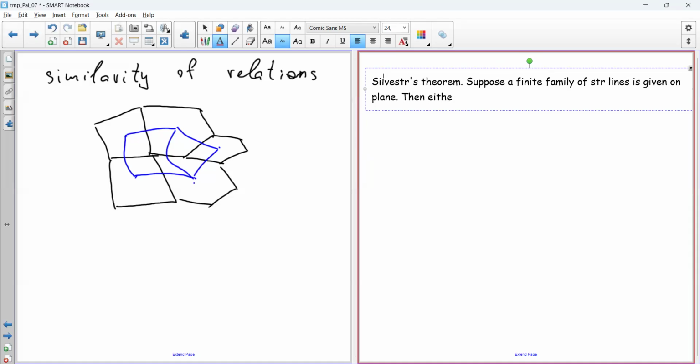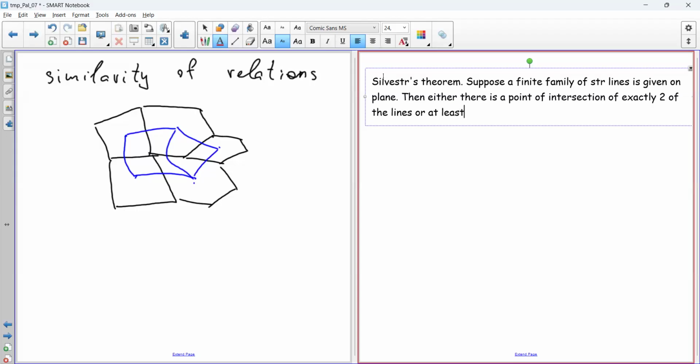Then either there is a point of intersection of exactly two of the lines, or at least, like, find a family of n straight lines, or at least n intersection points.